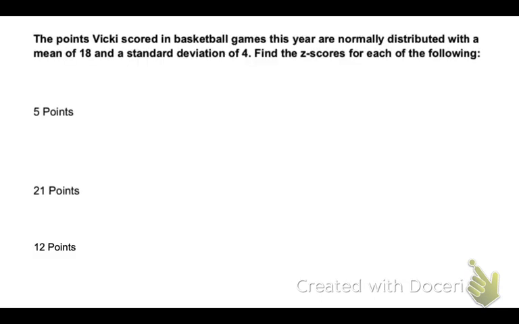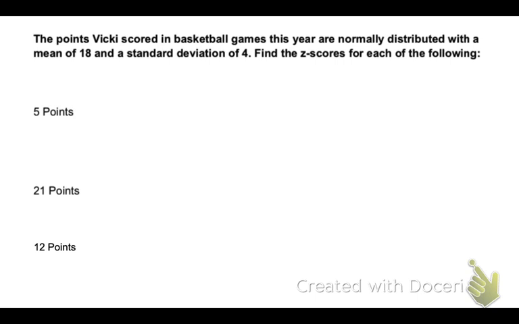So how we would use this: the points Vicky scored in basketball games this year are normally distributed. Again, we do need to know it's a normal distribution to use this particular z-score, with a mean of 18 and a standard deviation of 4. And so then we can calculate these 3 different z-scores.